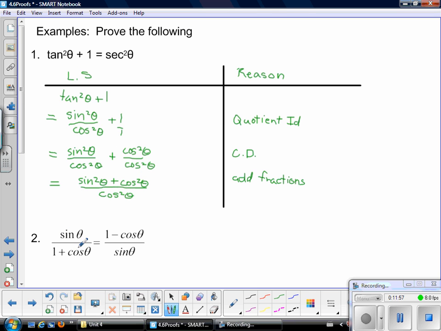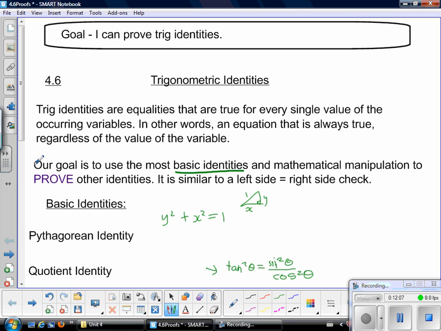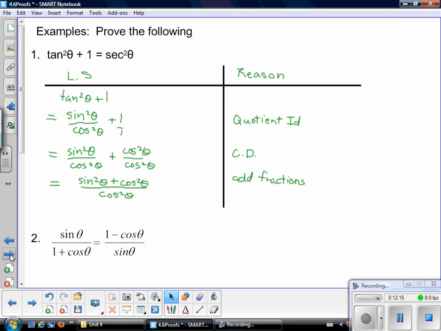Now when I look at this, remember I want to somehow get secant. At least now I have a cos at the bottom, but my problem is, what do I do with the top? Well, the top, if I look back here, is actually the Pythagorean identity. So I can just do a substitution again. That's the same as 1 over cos squared theta.